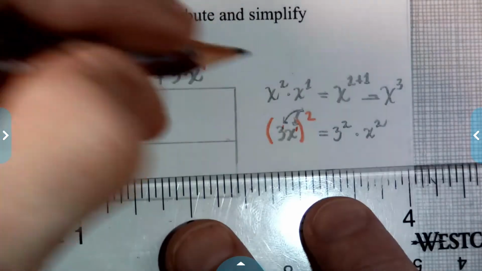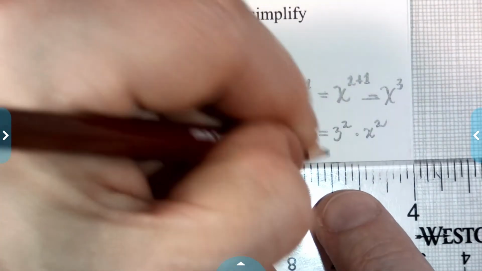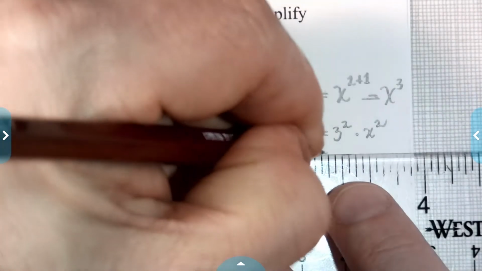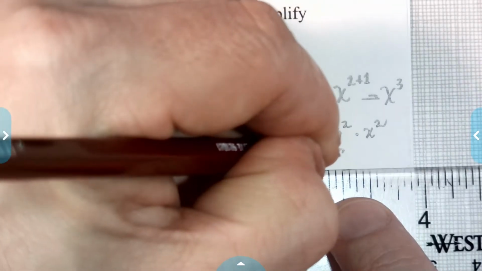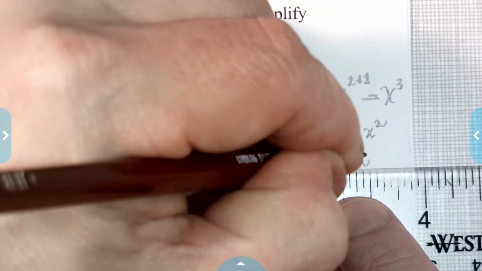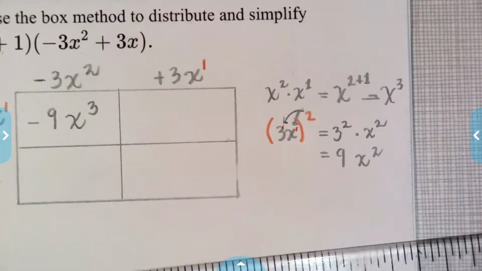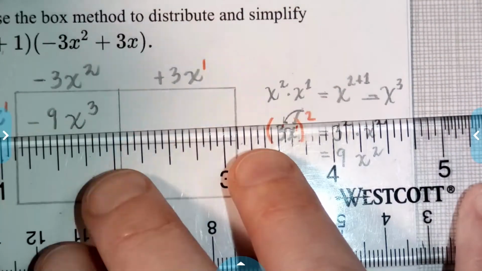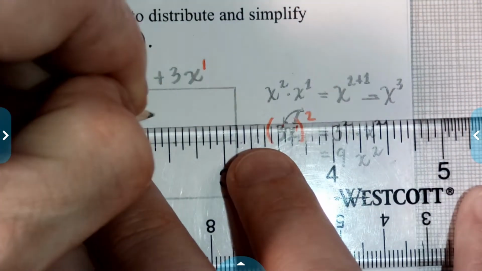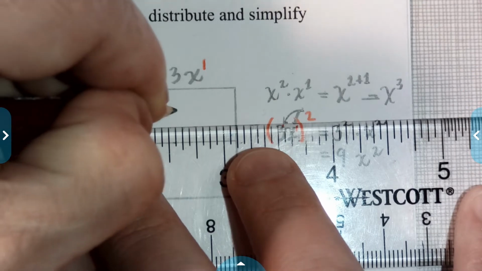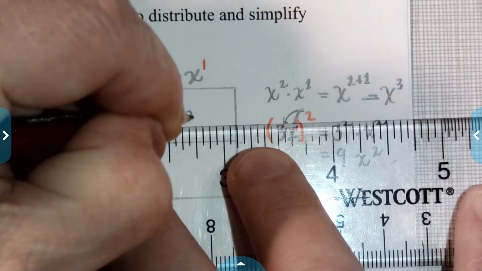Okay, well, what is that? That's 9x squared, right? Okay, so it's positive, so we'll put plus 9x squared.